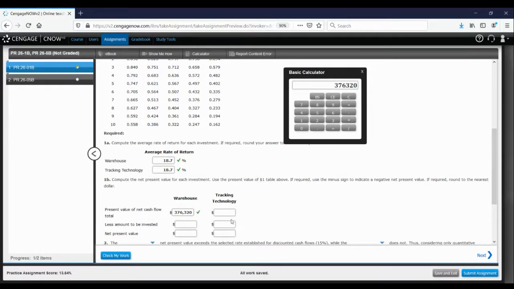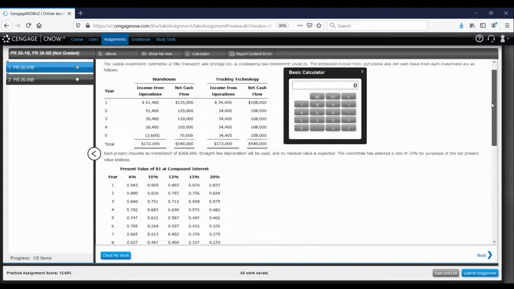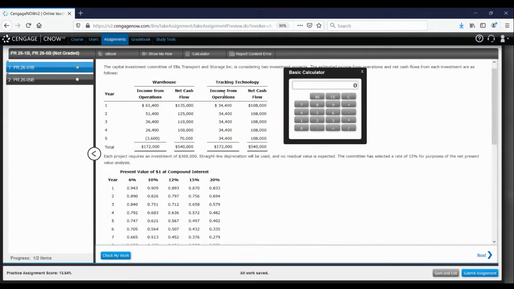Now I'm going to move over to tracking technology, and I'm going to figure out the total present value for tracking technology. As you can see, the tracking technology in year one was expecting a cash flow off of this investment of 108,000.